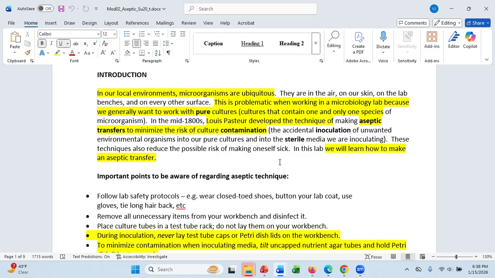If you streak it out on a solid plate and you streak it out 2 times on 2 solid plates, meaning you send the cells that you're trying to purify through 2 colony isolation events, there's a very high chance that you'll get a pure culture. Any question about any of that? Anyways, we're going to talk about how you can use aseptic transfer to minimize the risk of contaminating your culture. We'll learn how to make aseptic transfers in this lab.